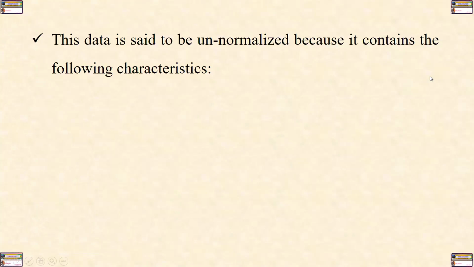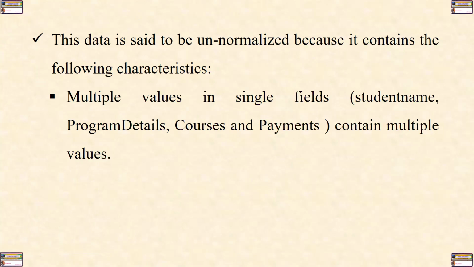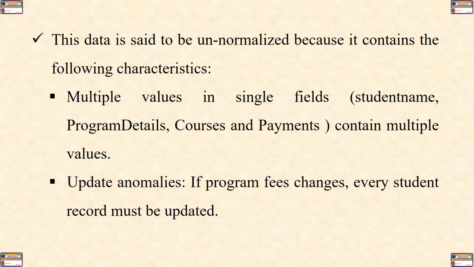So this data is said to be unnormalized because it contains the following characteristics. Multiple values are stored in the same field, like student name, it contains the first name and second name. The program details, the courses, the payments contain multiple values.